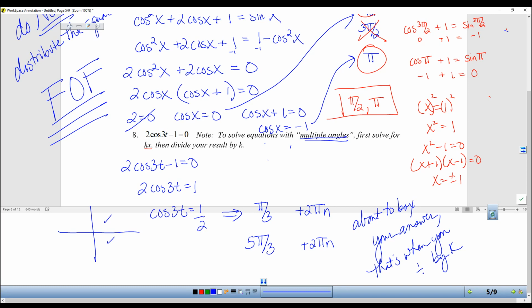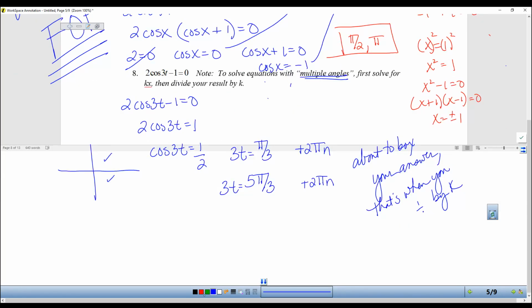All right, so this actually solved for 3t. You just figured out when 3t is the answer, but I just want t. So I'm going to divide by 3. Now, it's very difficult to divide a fraction by another number, so let's talk about that. Pi thirds divided by 3.